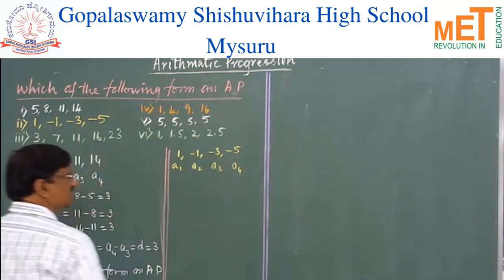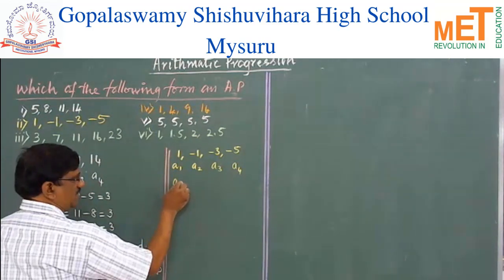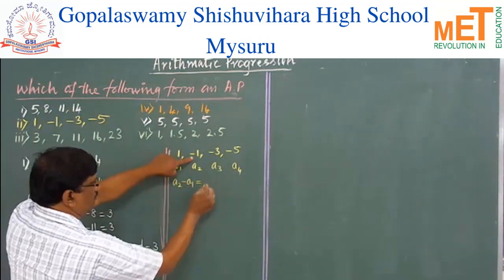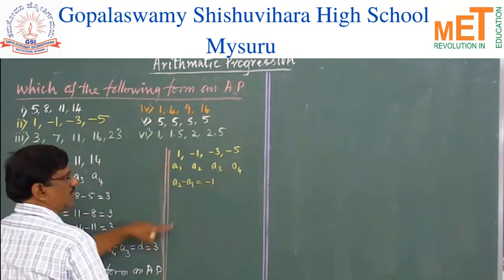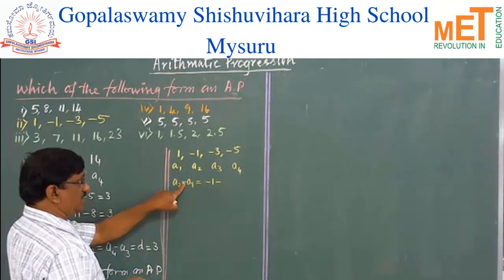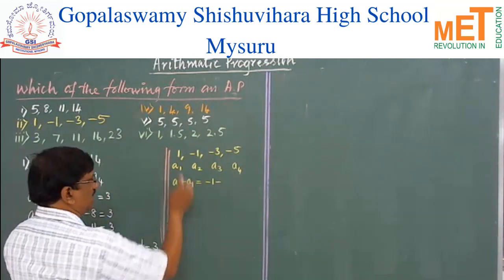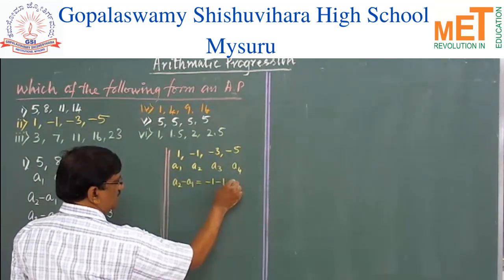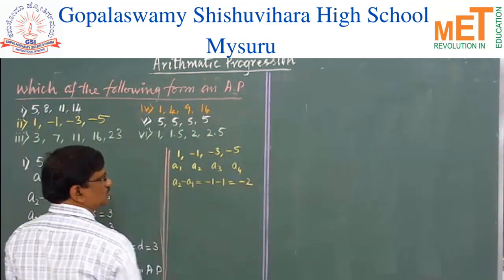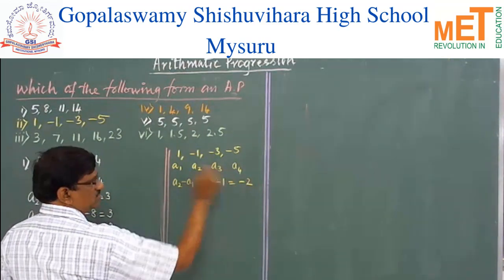Let us find out the common difference, that is A2 minus A1, that is equal to minus 1 minus 1. You must be very careful, children, here minus is in the formula, that is equal to minus 1 plus minus 1, that is equal to minus 2.